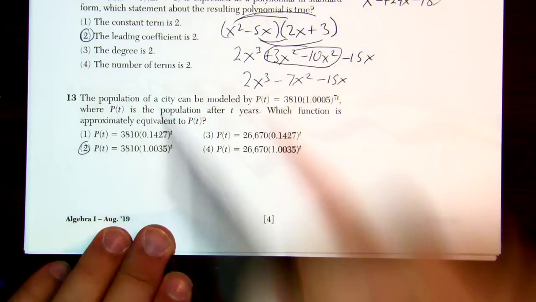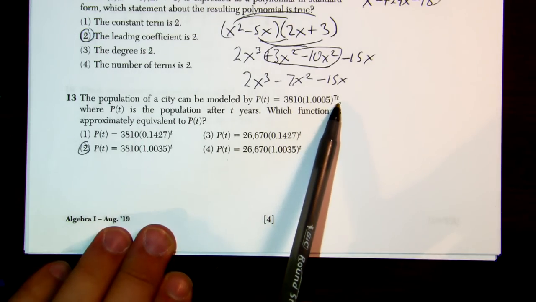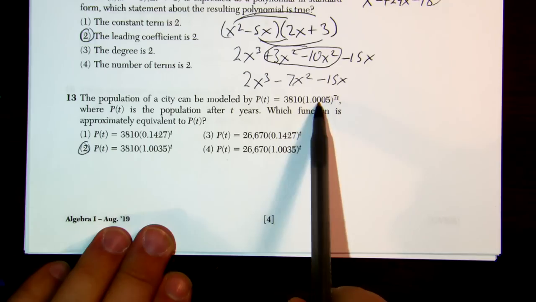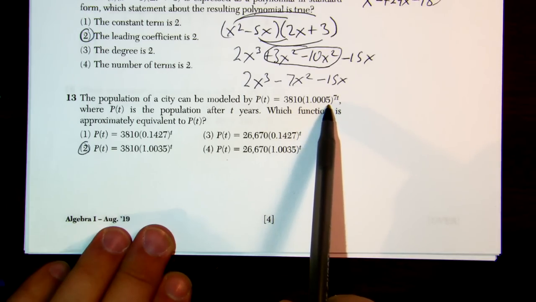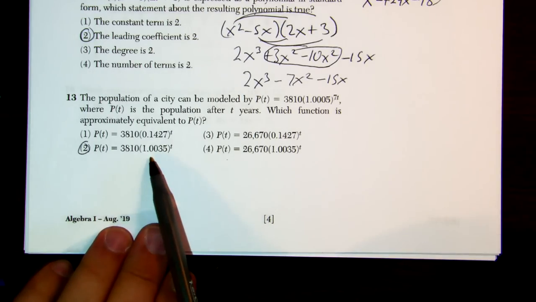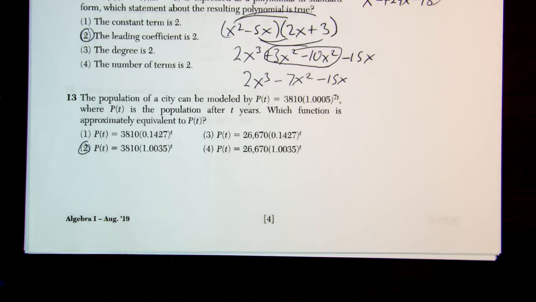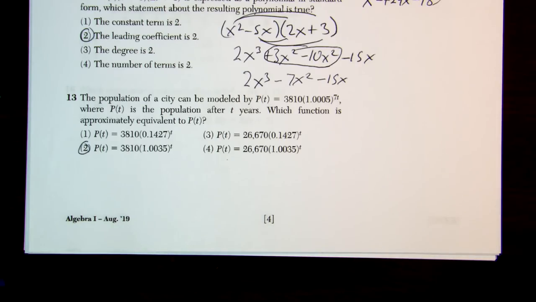And the reason is you can take this 7 right here and directly apply it to what's in the parentheses, which is the 1.0005. So 1.0005 to the 7th power is going to give you the 1.0035, and you can put that right in your calculator and just go ahead and put this part in parentheses to the 7th power, and that's what you should get if you type it in correctly.